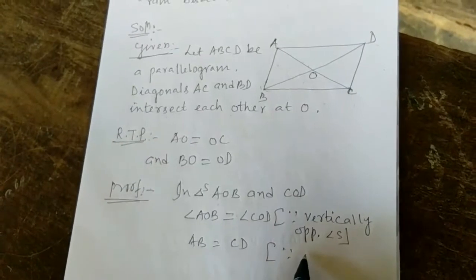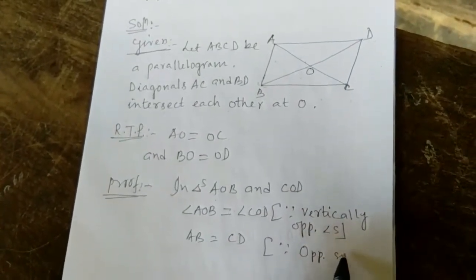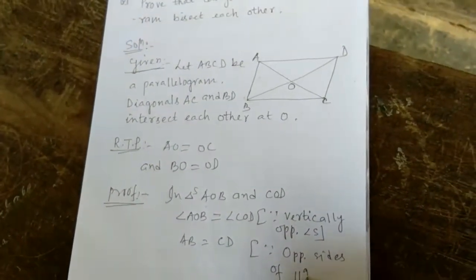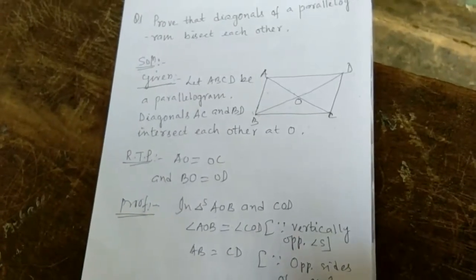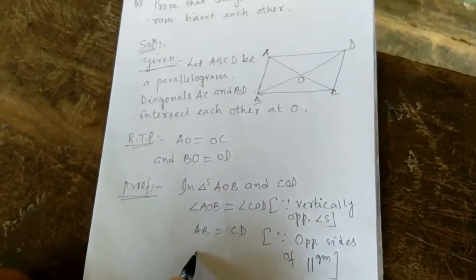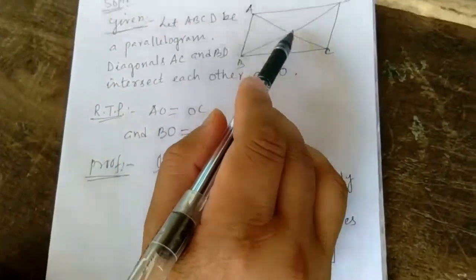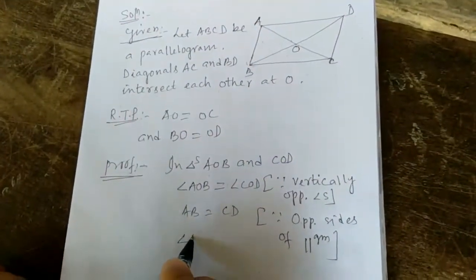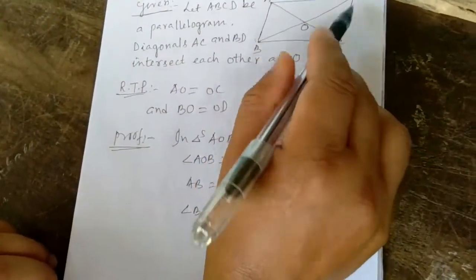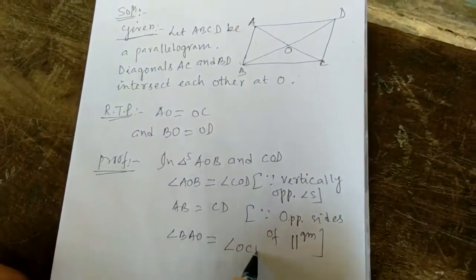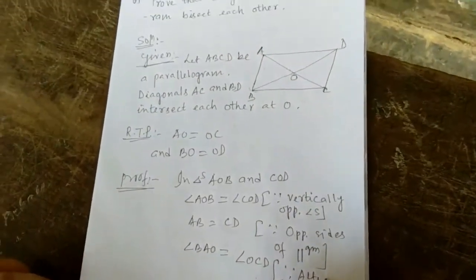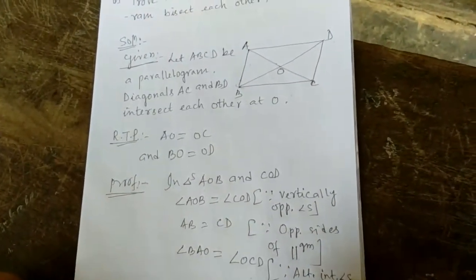Reason: since opposite sides of a parallelogram. Then again we can write angle BAO equal to angle OCD, since alternate interior angles.